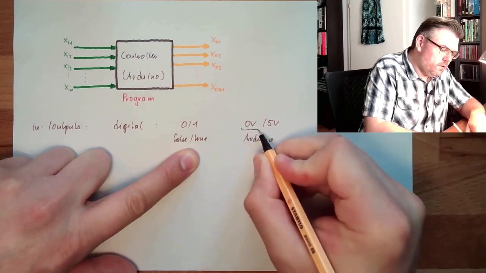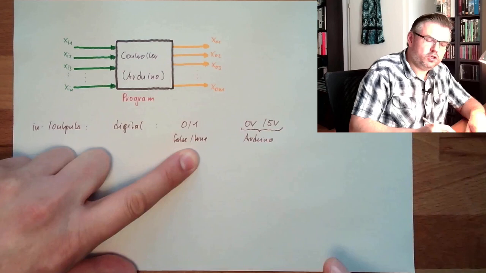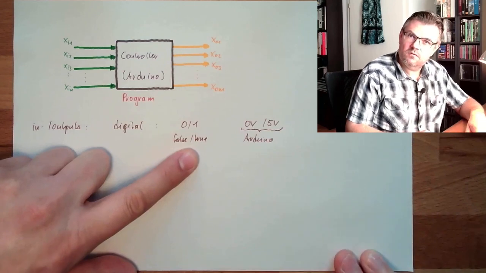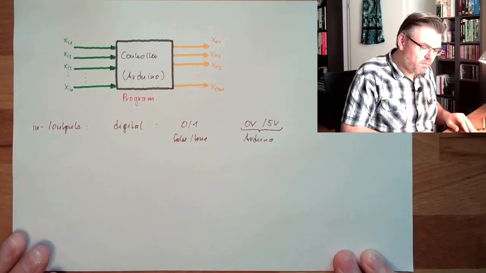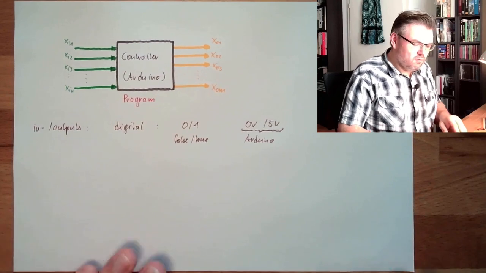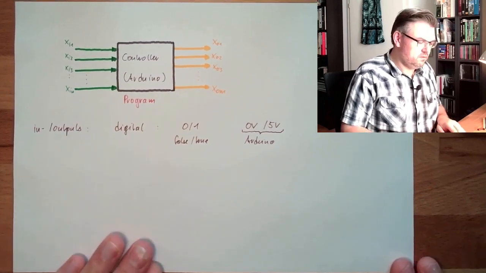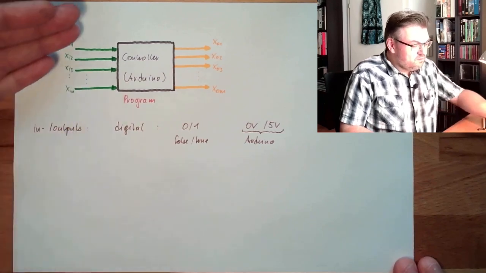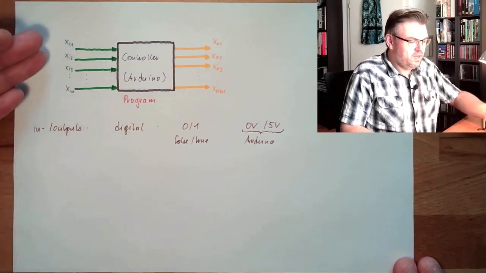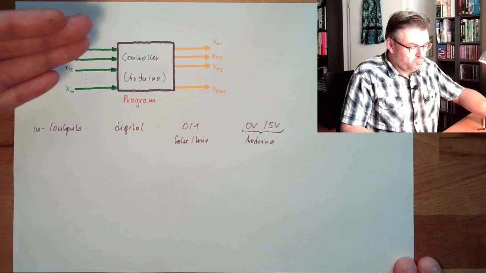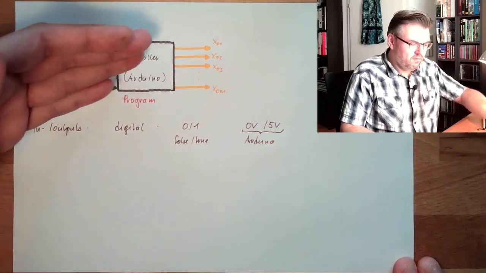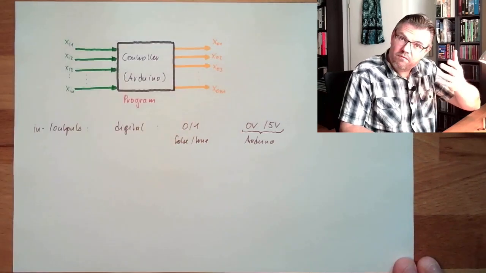So Arduino has a 5 volt logic inside. True is represented by a 5 volt signal, false is represented by a 0 volt signal. If an input must be true, we must put in 5 volts. If an output is true, it gives us 5 volts.